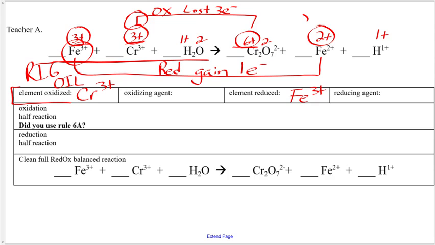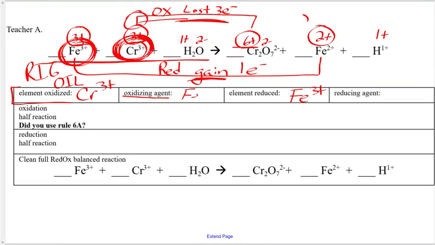The oxidizing agent. What causes these chromium-3 ions to become oxidized? What causes these chromium-3 ions to lose electrons? It is these iron ions that need to gain electrons that force the chromium-3 ions to lose electrons.